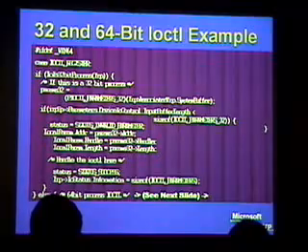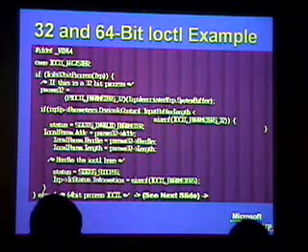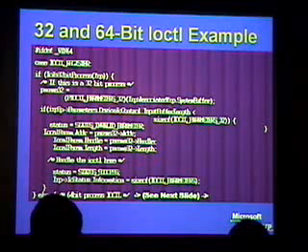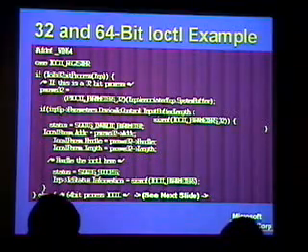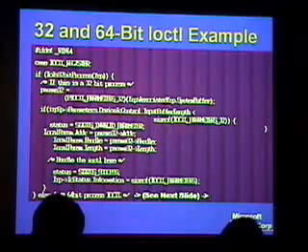So we compare against IO_CONTROL_PARAMETERS_32. Having done that, we then copy the structure from the 32-bit value to a 64-bit structure, field for field. By doing this field for field, we are actually doing the thunking inside the device driver. And after that, the I/O control is handled in a straightforward manner, just like it would be for any other I/O control.